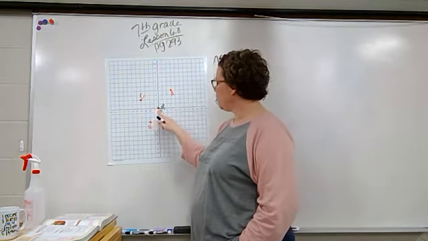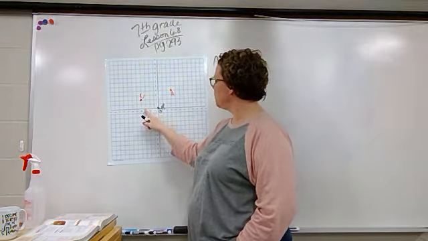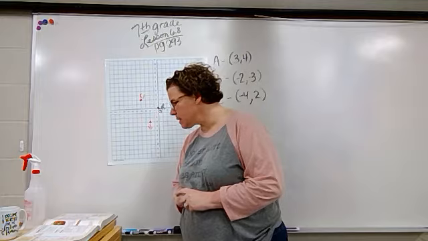C would be, you always start with the X and you go back 1, 2, 3, 4, -4, and it's up 1, 2 on my Y-axis. So my C point that I chose, the ordered pair is -4, 2. That's my X and Y. It's like the address on the coordinate plane for the points.